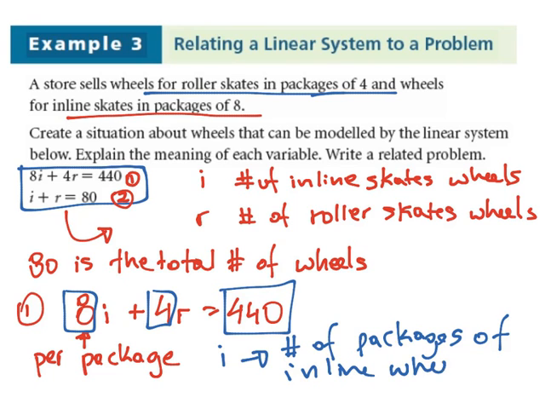That's a little bit different. So I is the number of packages of inline wheels, and R would be the number of roller skate packages. Then 440 would be the total number of wheels.